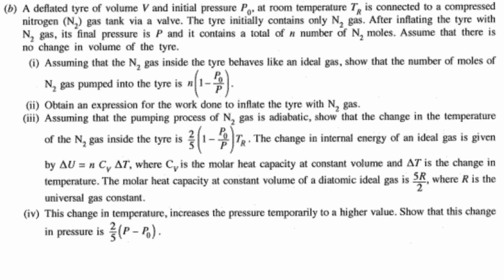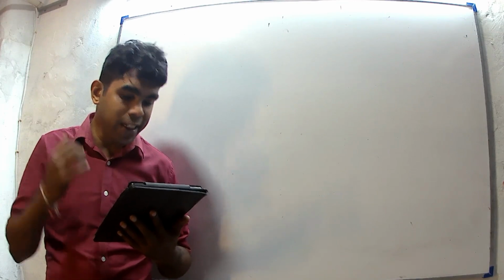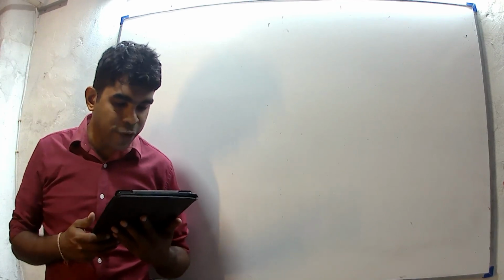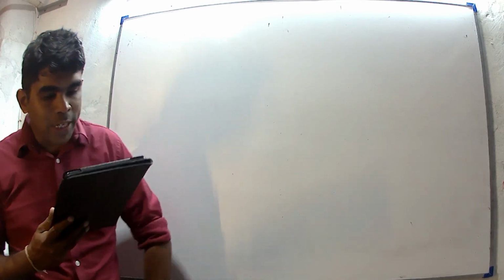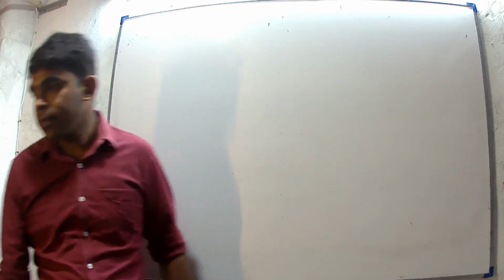Part 1. Assuming that the nitrogen gas inside the tire behaves like an ideal gas, show that the number of moles of nitrogen gas pumped into the tire is n times 1 minus P0 over P. They have given that after inflating the tire, its final pressure is P and the total number of nitrogen moles is n.